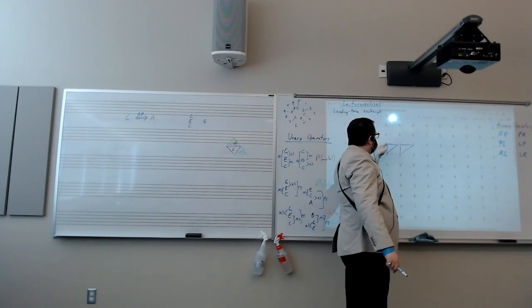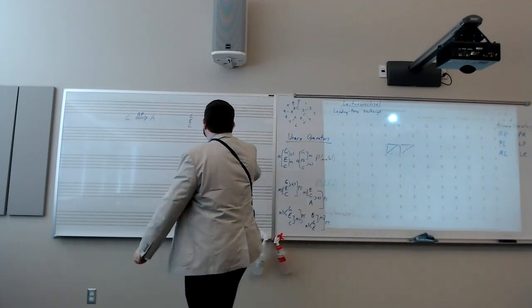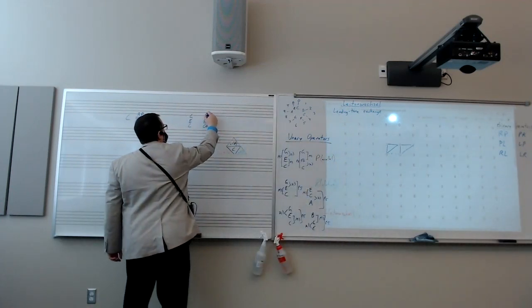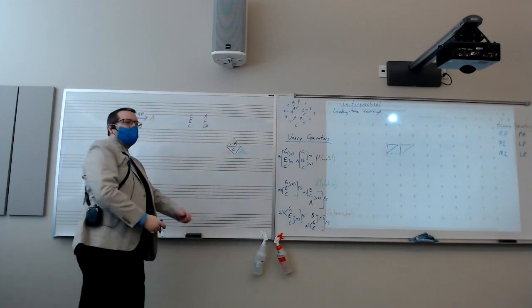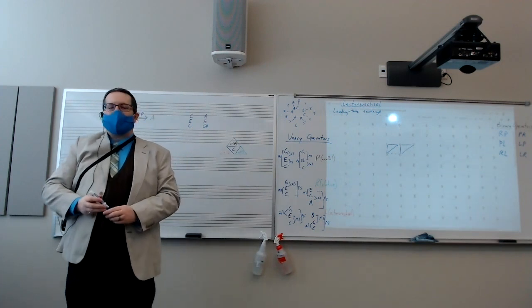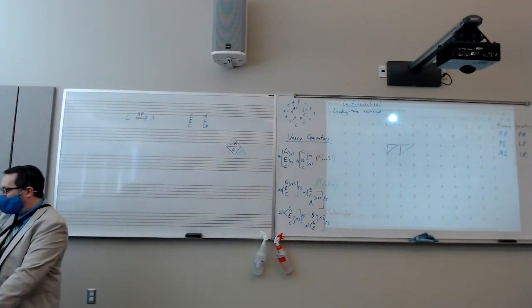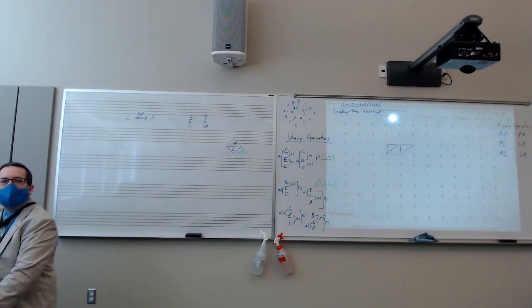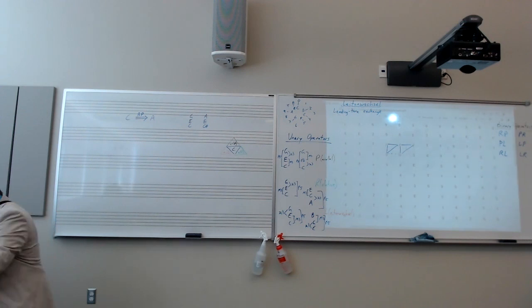My C changed to C sharp, and my G changed to A. So you move up by half step and up by whole step. Stepwise motion, common tones. That's cool. Gives us this sound.